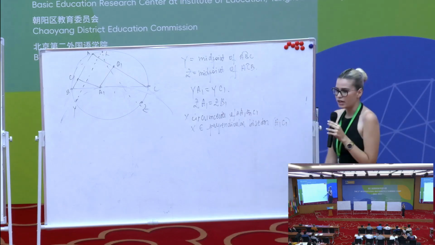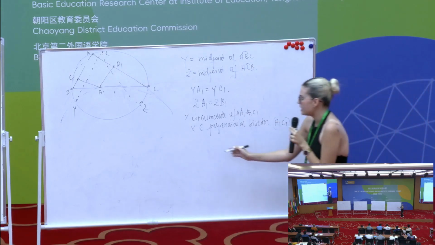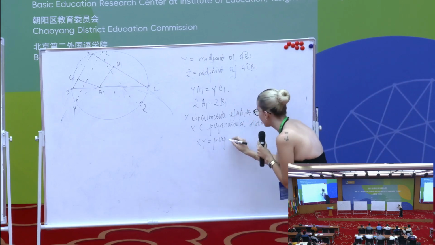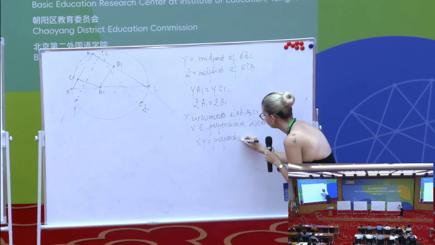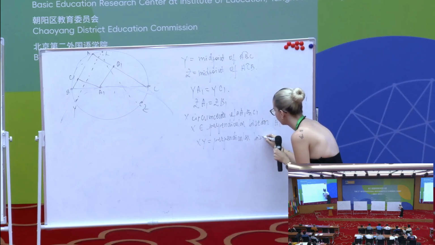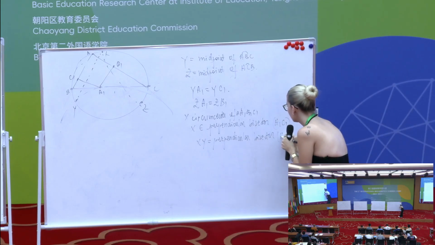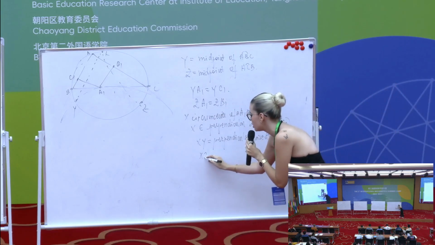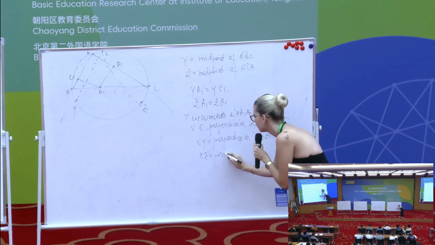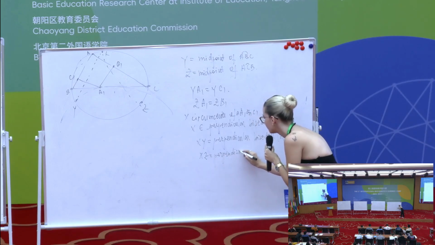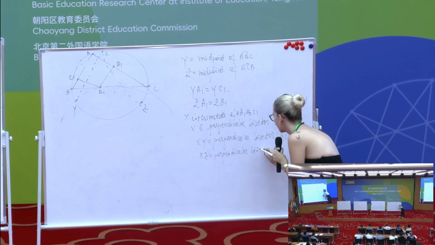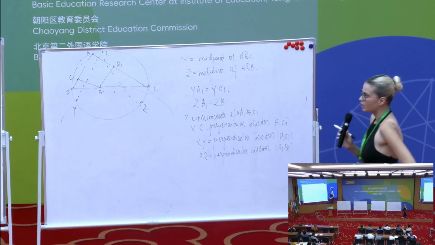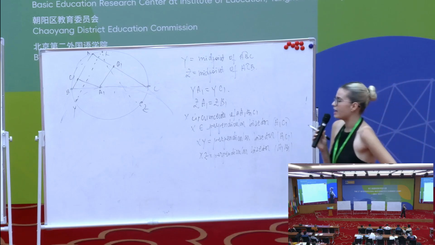But who else lies on that? Y. So basically, XY is the perpendicular bisector of A1C1. And similarly, we're going to obtain that XZ is the perpendicular bisector of A1B1.